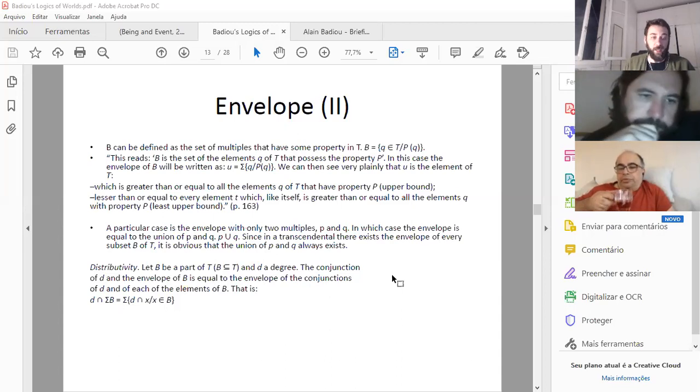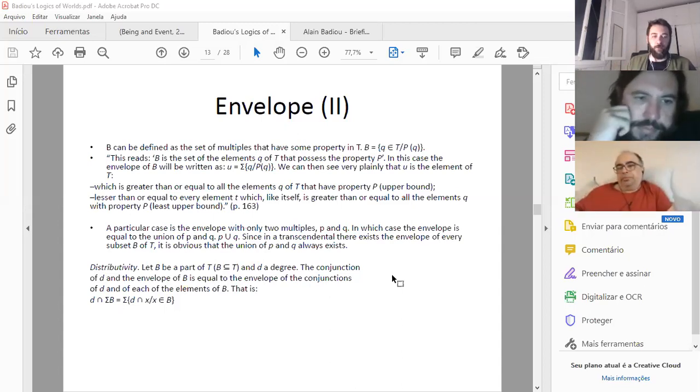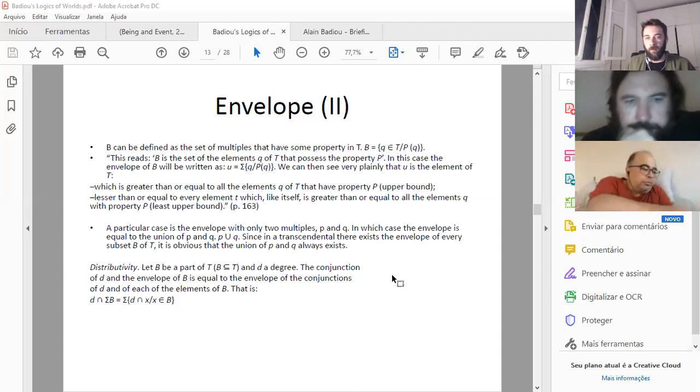Exactly. And I think that this point about distributivity is already an interesting fact, because up to here, he formalized these basic operations: minimum, conjunction, and envelope. But distributivity is already something we get from this, right? So we're still very close to the primitives of Badiou's definition of world, because these three primitives are a requirement for a scale to exist: minimum, conjunction, and envelope.